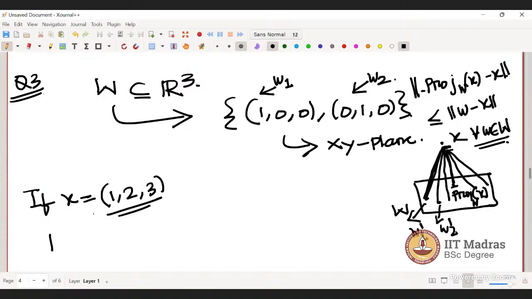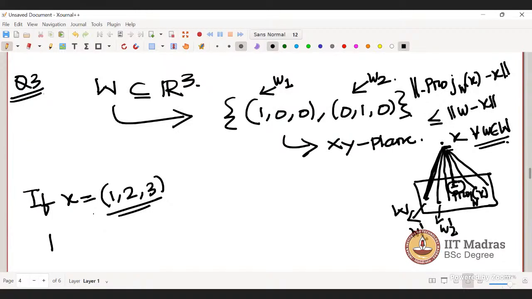So what I'm saying, the angle between the XY plane and x is 90 degrees, correct? The angle between the XY plane and the x vector, whichever, that will be 90 degrees, correct? No, that is not correct. How not, sir?